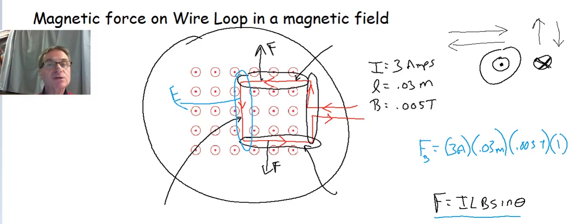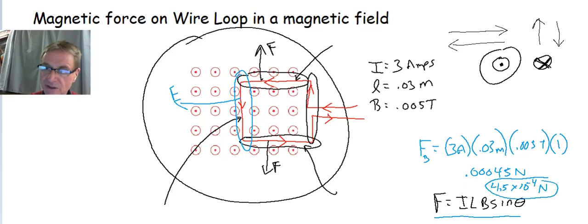When we plug this into the calculator, what we get is 0.00045 newtons, or 4.5 times 10 to the negative fourth newtons. Either one of these is just fine.